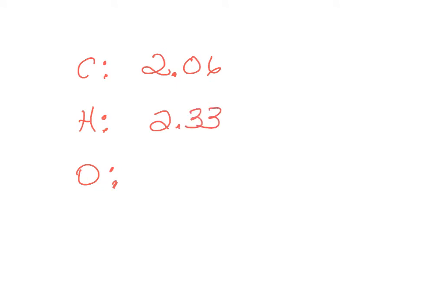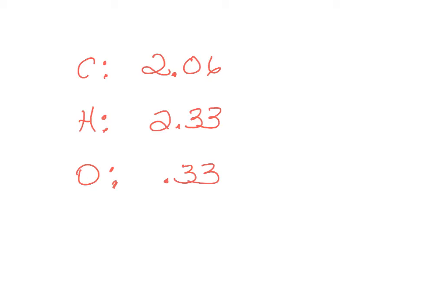I want to take just a minute and show you what you do if you don't get a whole number. So let's imagine that we went through the first 3 steps for carbon, hydrogen, and oxygen. And let's say you got 2.06 for carbon, 2.33 for hydrogen, and 0.33 for oxygen.